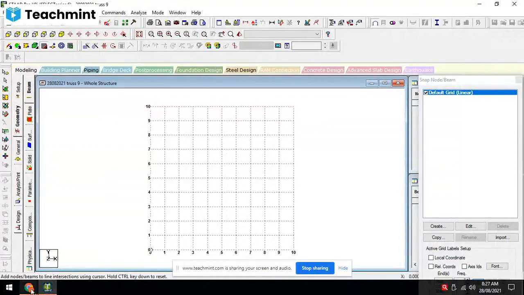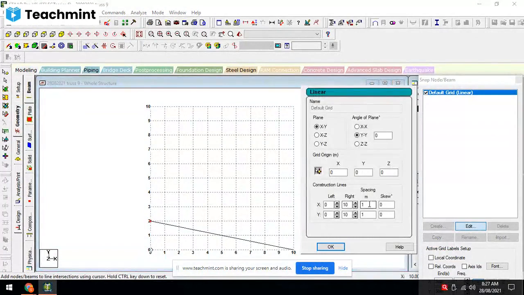So how much will be the height? 2 meter. Then 3.46 divided by 3, so 1.15 meter, 1.1533.